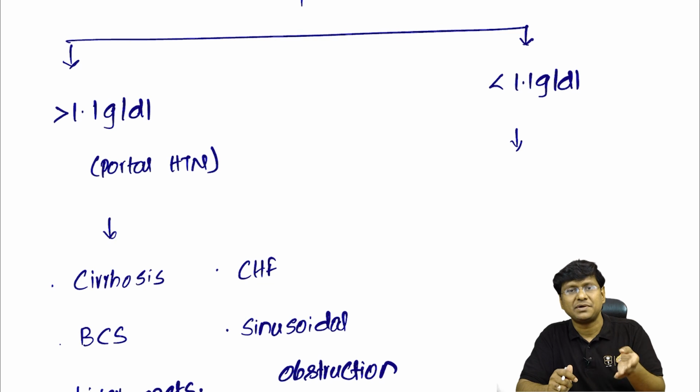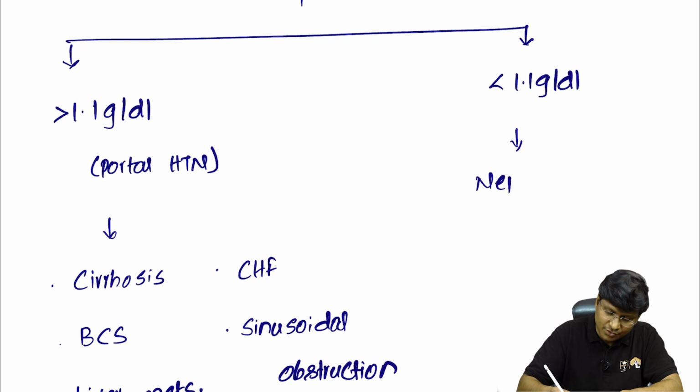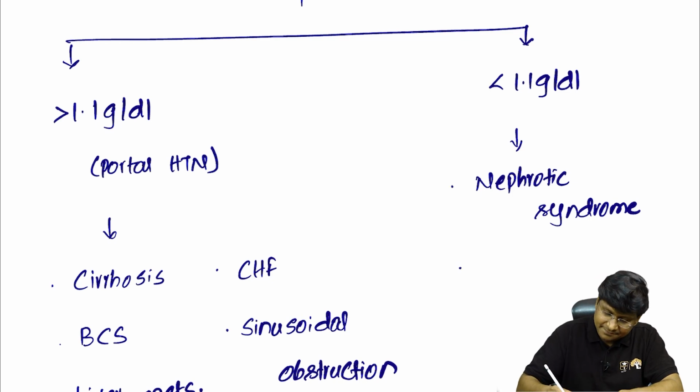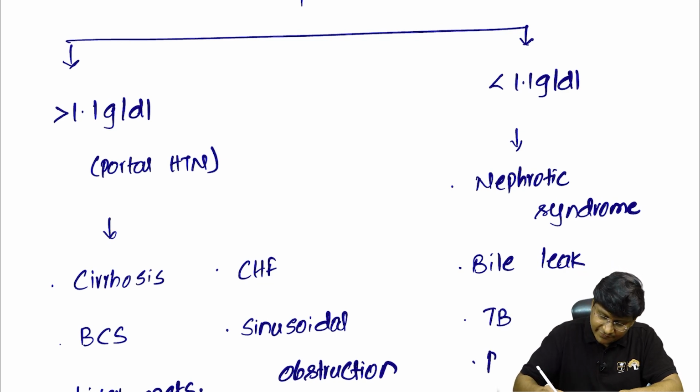And the conditions where you have ascites with SAAG value less than 1.1, that is observed in cases of the nephrotic syndrome, which is characterized by the albuminuria, right? And any condition wherever there is bile leak, right? The condition wherever there is leakage of the bile. Then followed by that in case of the tuberculosis, then followed by that in case of the pancreatitis, right?